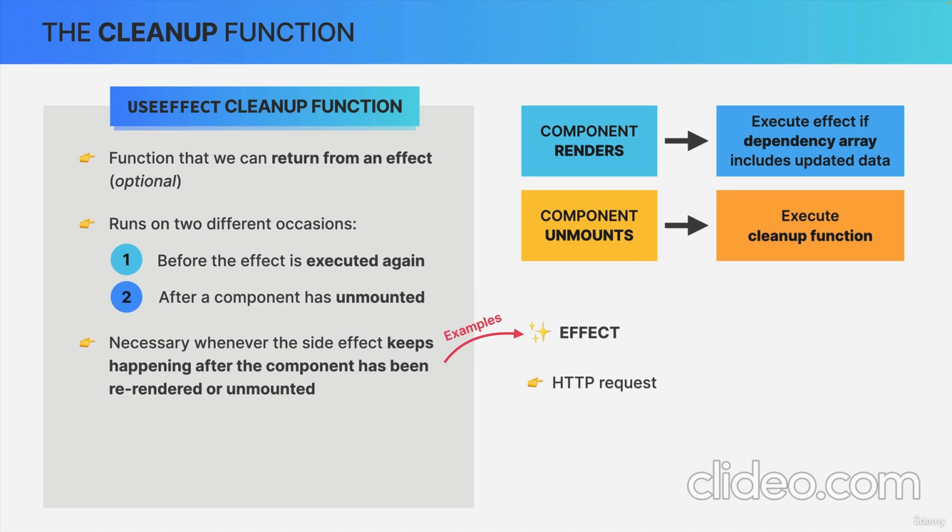Now, if the component is re-rendered while the first request is still running, a new second request would be fired off, right? And so this might then create a bug called a race condition. And therefore, it's a good idea to cancel the request in a cleanup function whenever the component re-renders or unmounts.